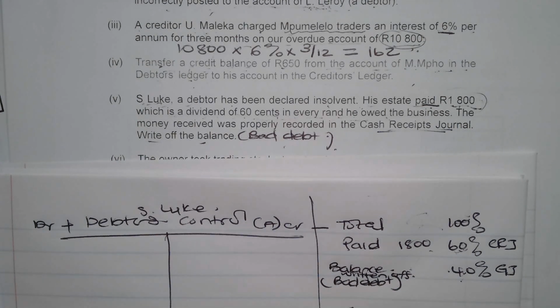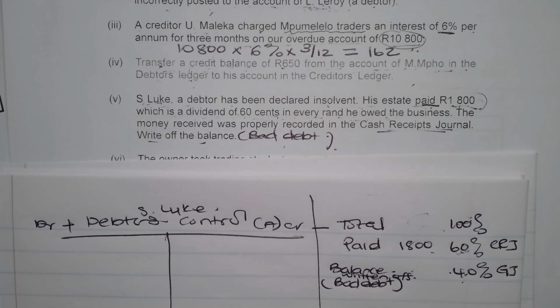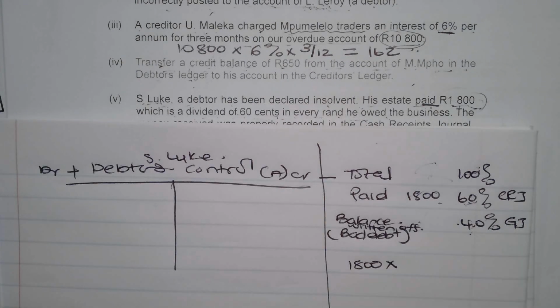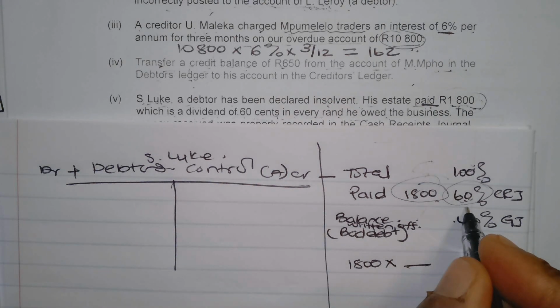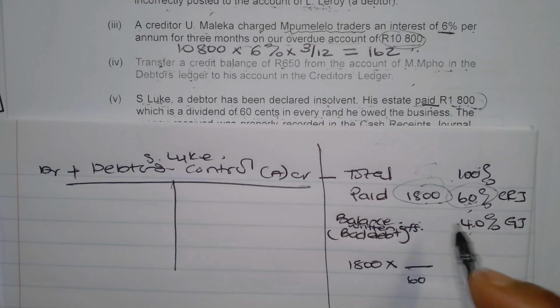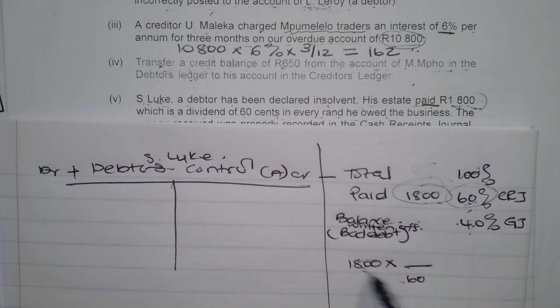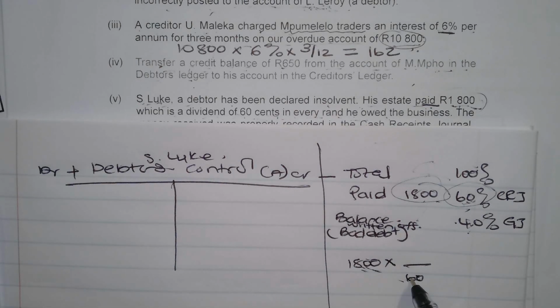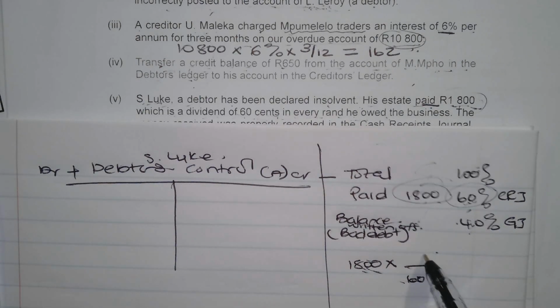And then we'll use the unknown over known method, right? We use the amount of 1,800. The percentage of the amount that is known is 60. We're going to use the percentage of the known amount and put it as our denominator. Can you see I'm using the stuff that is there? Do you understand? So what is unknown will go at the top.